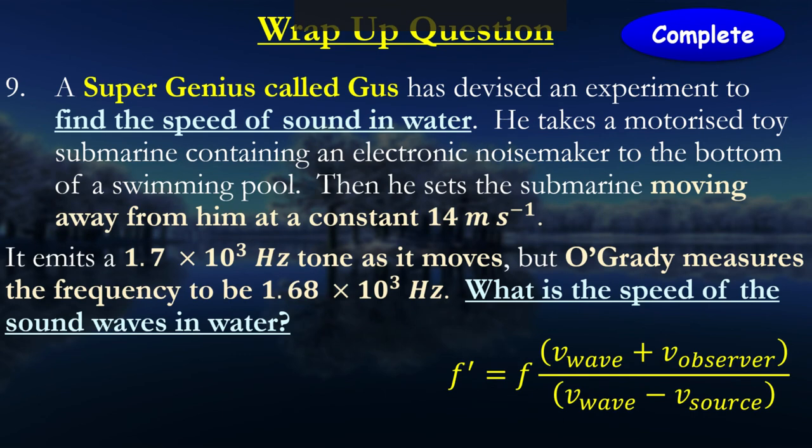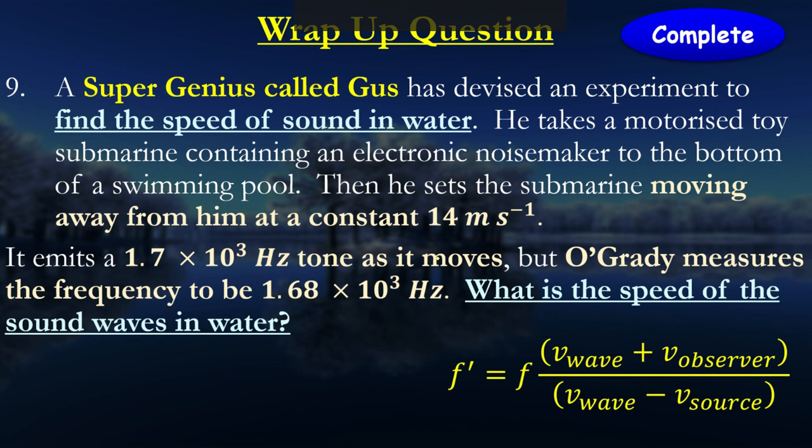Alright, so our last question that we're going to look at, and by all means see how well you go with it. The question we have here is, a super genius called Gus has devised an experiment to find the speed of sound in water. He has taken a motorized toy submarine and he is trying to work out, using the Doppler effect, what the speed of sound is in water.